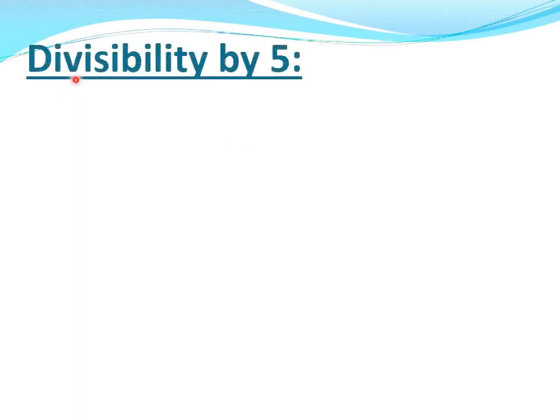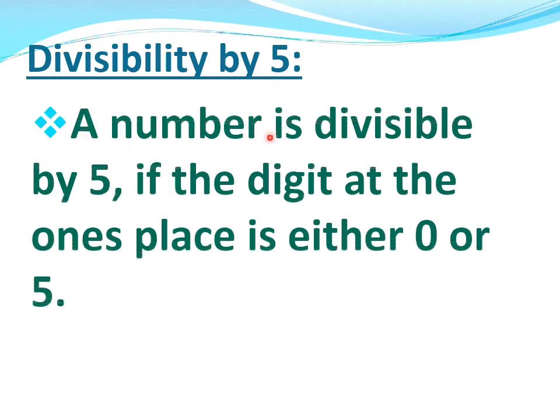Now divisibility by 5. A number is divisible by 5 if the digit at the ones place is either 0 or 5.